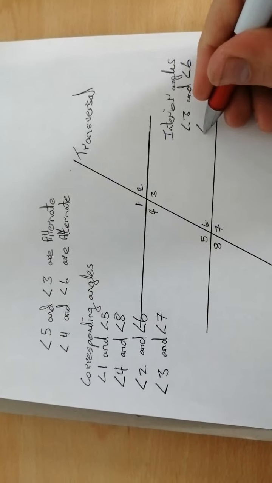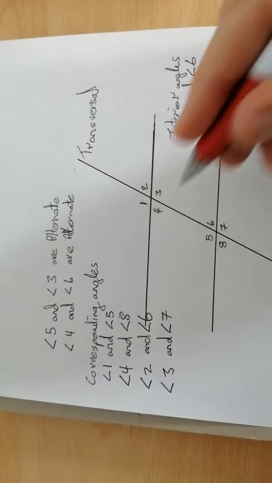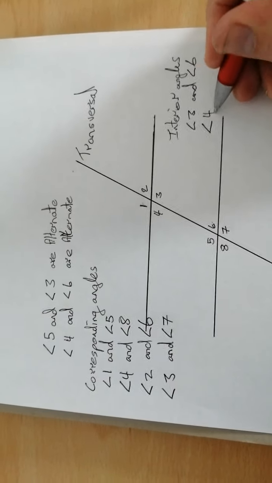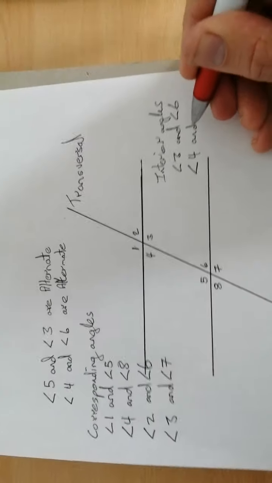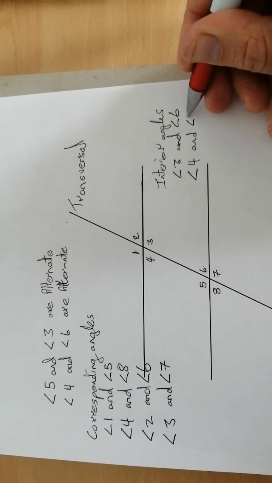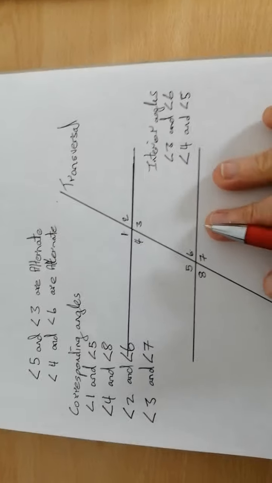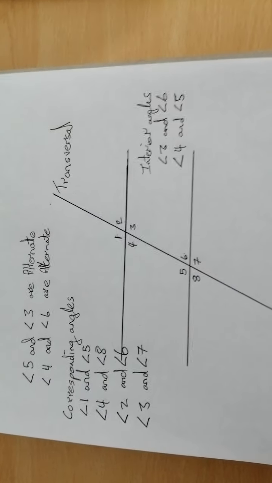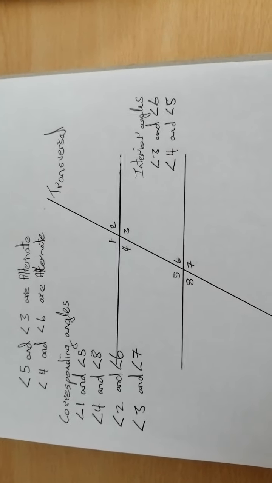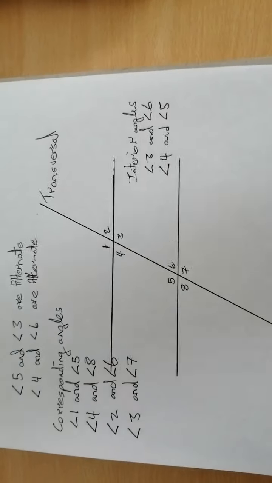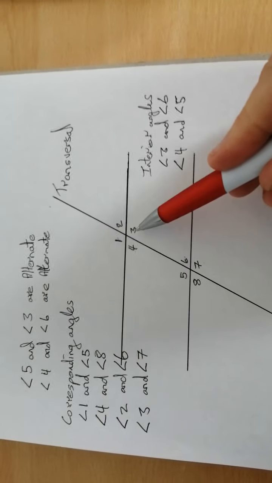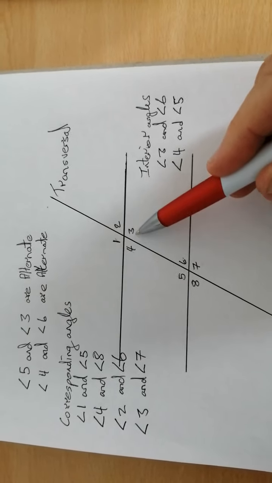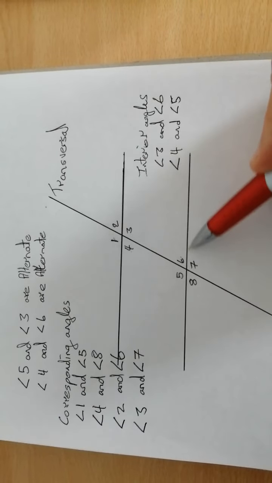Okay, but there's something about them also, angle 4 and 5. Interior angles sum to 180 degrees. They're like supplementary angles. When you add them together, they add up to 180 degrees. So angle 3 is obtuse, we can see, and angle 6 is acute.